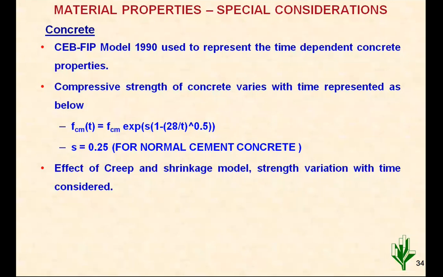So those have to be considered. There are many formulations available internationally. Nowadays, mainly the CEB-FIP model is being used, and now it is introduced in IRC codes also. So creep and shrinkage are actually considered in the analysis model. So the deflection should match closely to what we have theoretically estimated.